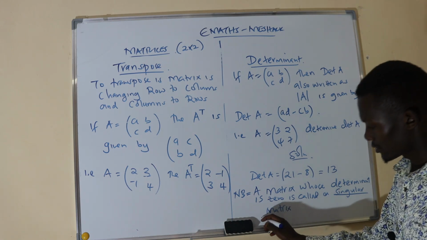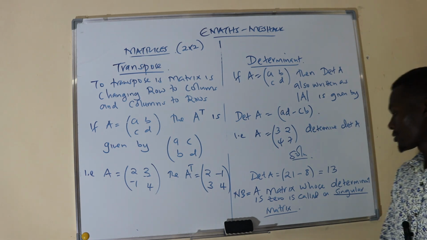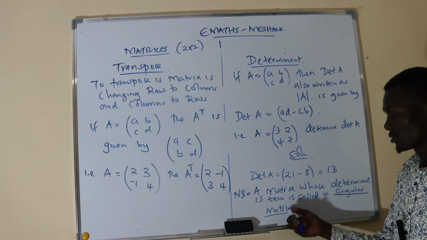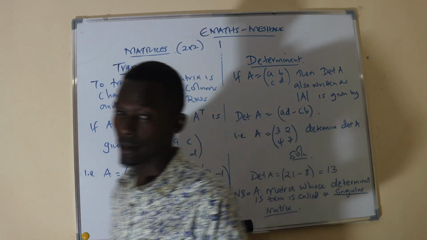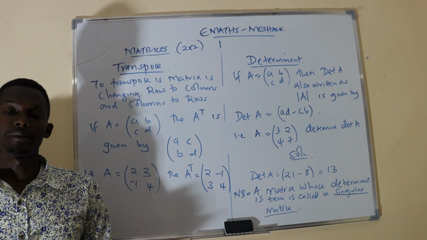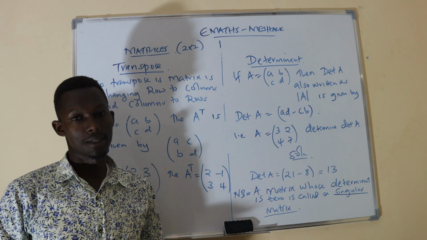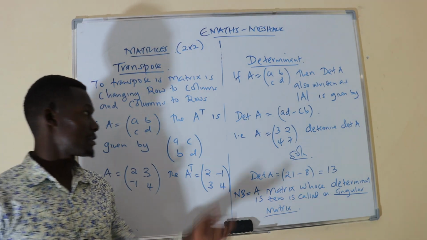So a matrix whose determinant is 0 is called a singular matrix. And that is how you determine the determinant of a 2 by 2 matrix. Again, a determinant can only be obtained for a matrix which is a square matrix, so it's only applicable to square matrices.